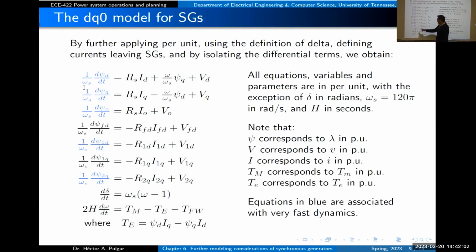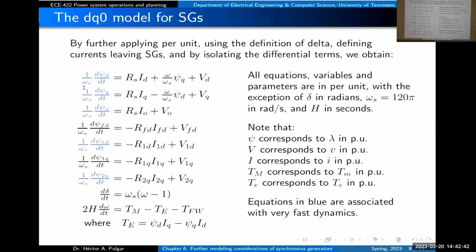The same thing will happen with the 1D and 2Q dampers. So in this model that is accepted by industry and academia, we can assume that all these equations that I have in blue are very fast, and we can assume that they can change instantaneously. And instead of having a differential equation related to this, we prefer to describe them by an algebraic equation.